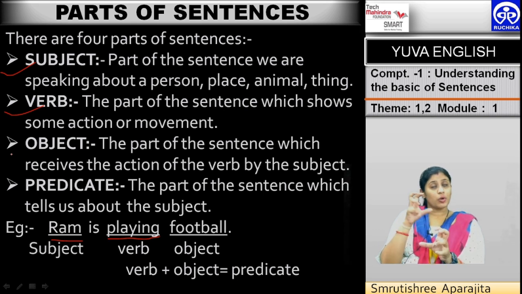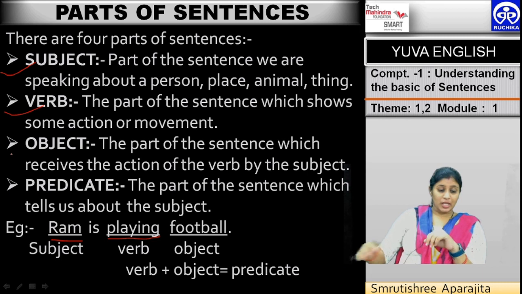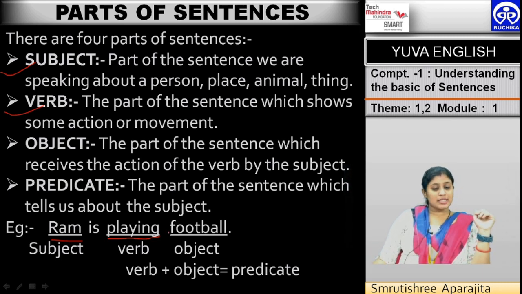The thing on which the action falls is our object. Like over here, if you can see, the football is our object. Ram is our subject. Ram is playing with what? Ram is playing with a football. So the object is the one in the sentence which receives the action of the sentence.